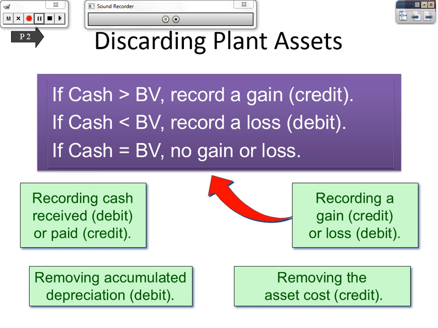So what they're saying here is if cash is greater than book value, then you're going to record, obviously, a debit to cash because you received cash for it, right? You're going to credit what? If you're making a gain and you're selling it above book value, you're going to debit cash because you received cash. And what else did you receive?